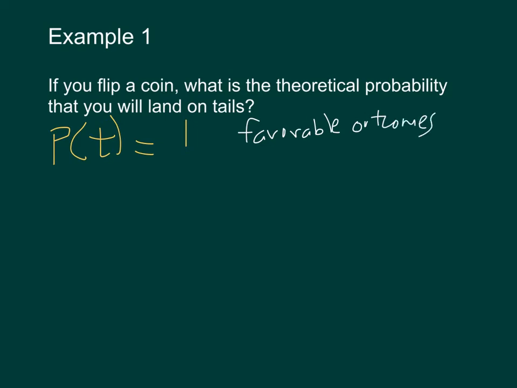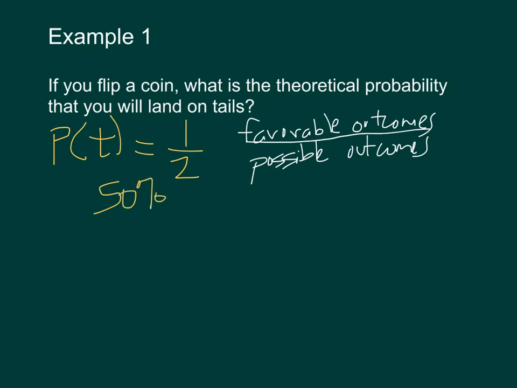And we're going to divide that by the number of possible outcomes. If you flip a coin, you've got two possibilities: it's going to be either heads or tails. So the theoretical probability of getting tails is 1/2, or 50%. There's a 50% chance that if you flip it, it will land on tails.